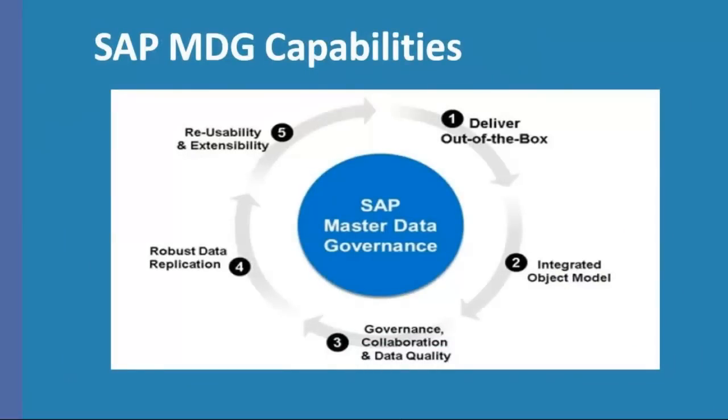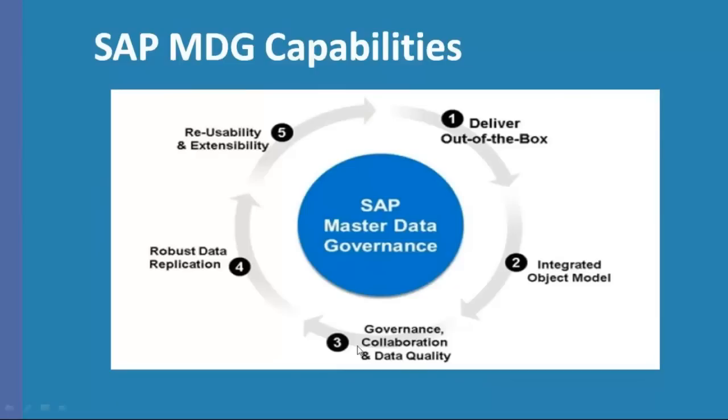So now, the capabilities, as I was talking about. First is out-of-box delivery. Out-of-box delivery means there are a lot of different types of business functions, web services, authorization objects, which are available in the MDG framework. Second is the integrated object model. It is a very compact model, so all the data are aligned with each other.